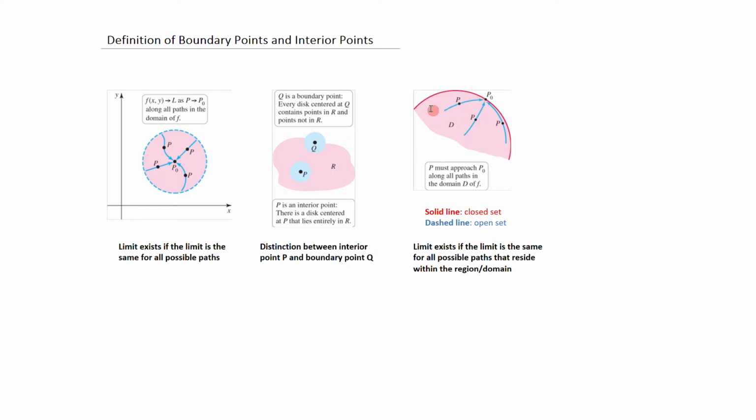In the case where you have a solid line, which means you're including the boundary, you could actually go along that boundary and approach the point P0. If this were a dashed line, then you could not include the boundary in terms of approaching the point P0. And again, the limit will exist if for all possible paths, you achieve the same limit.